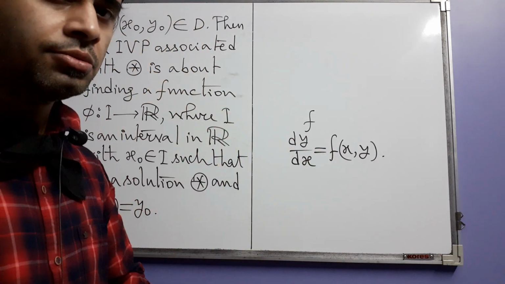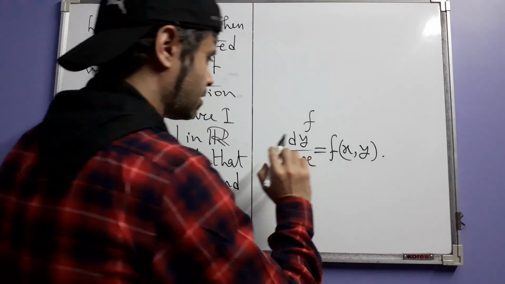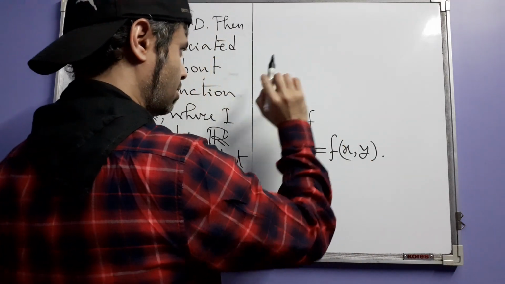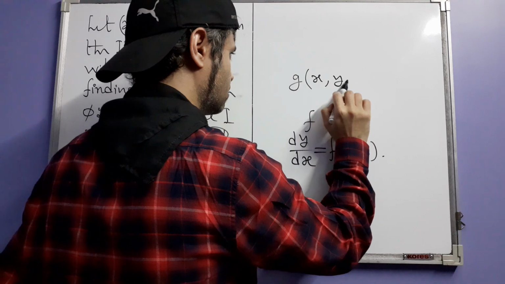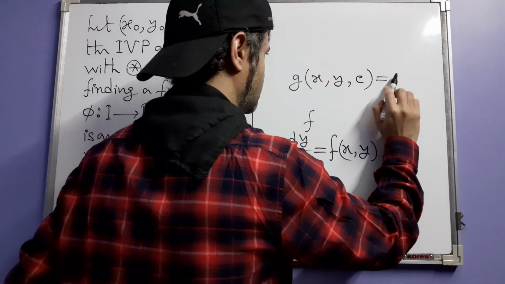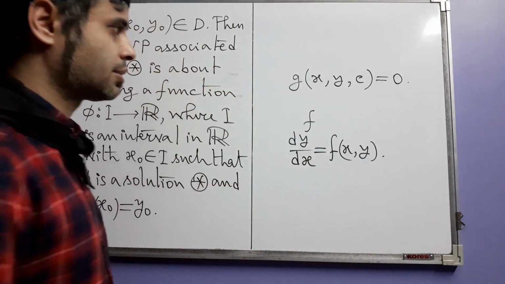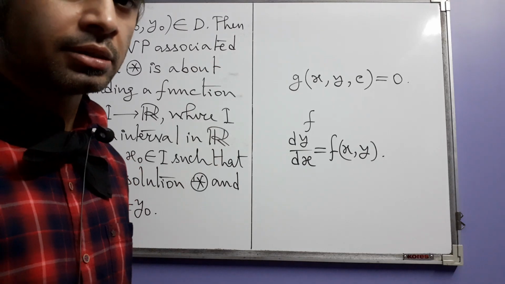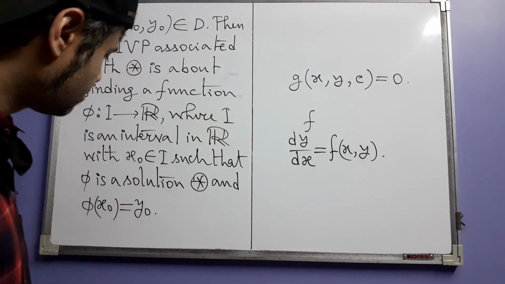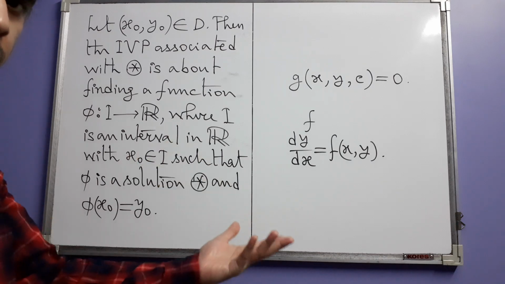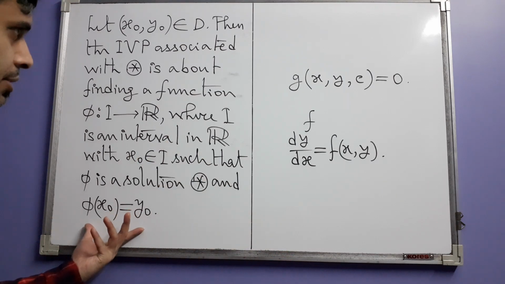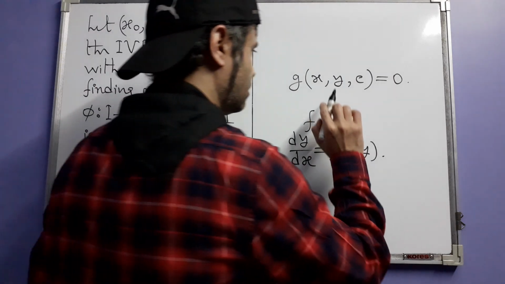And then what you do, say you have solved one such equation and you have found a one parameter family like this, okay, which is some relation involving x and y and that parameter c. Then what do you do to find that member of the family which satisfies this? Well, that's easy.